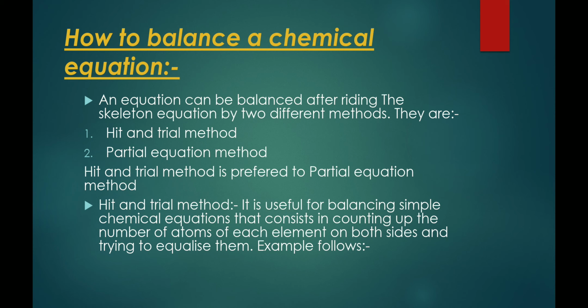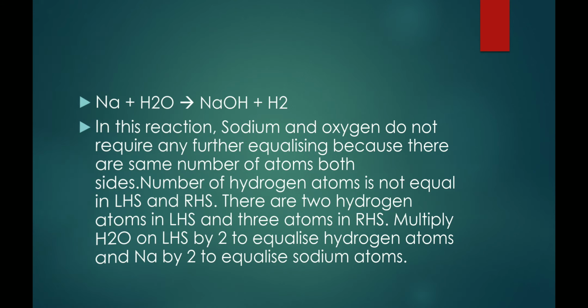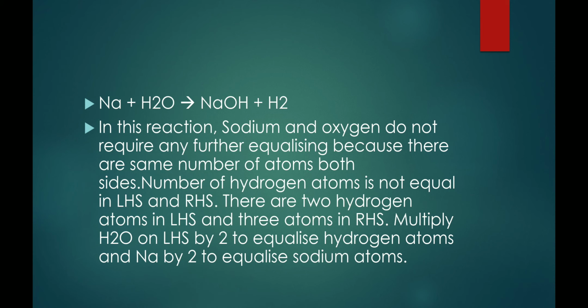It is useful for balancing simple chemical equations and consists of counting up the number of atoms of each element on both sides, the left side as well as the right side, and trying to equalize them. Let us take an example: Na plus H2O gives NaOH plus H2. In this reaction, sodium and oxygen do not require any further equalizing.